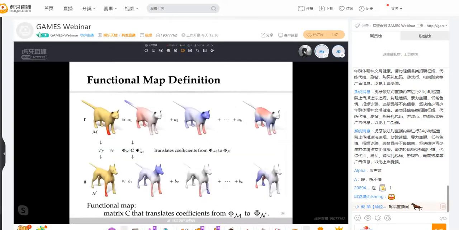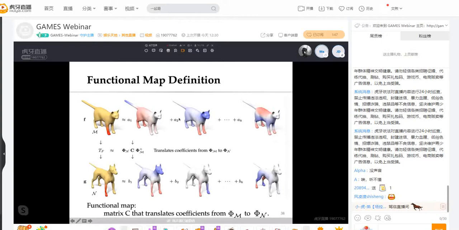I like this image, which is a bit more intuitive and summarizes everything I've said before. Suppose we have these two shapes, M and N, this cat and dog. If I have some function f, like an indicator function localized on one of the paws of the cat, I can first decompose it as a set of coefficients a_i with respect to some basis.